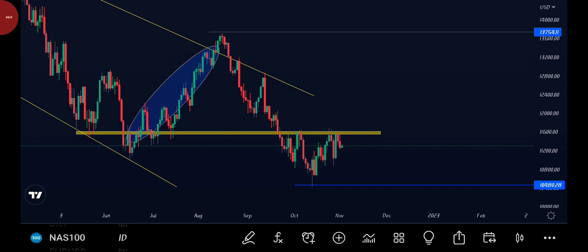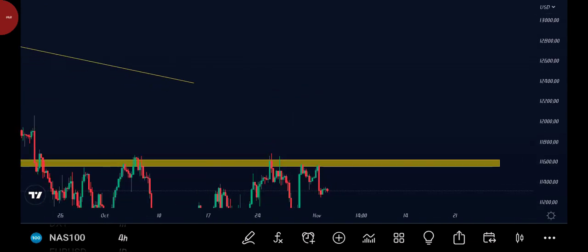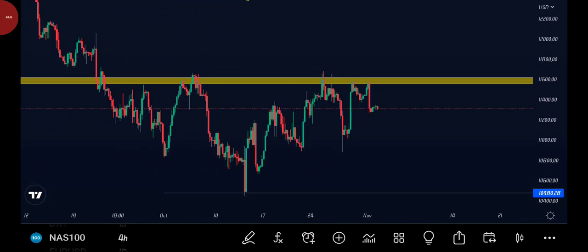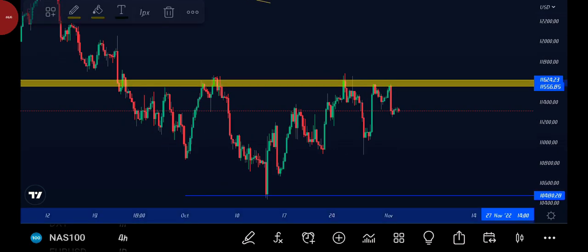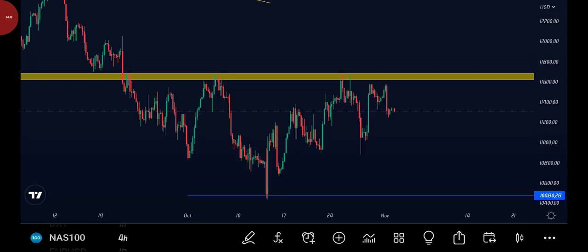From here I'm going to move to the hour 4. You can see guys, the move to the upside, this move over here was very corrective, meaning the market will be selling anytime from now.